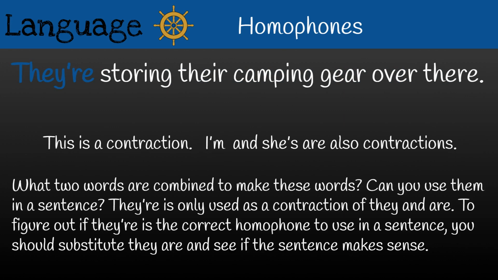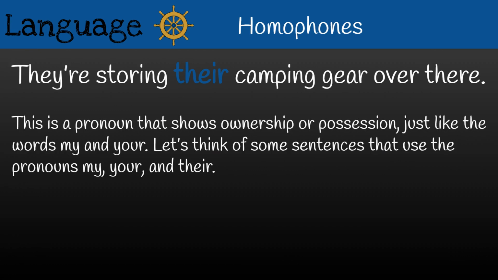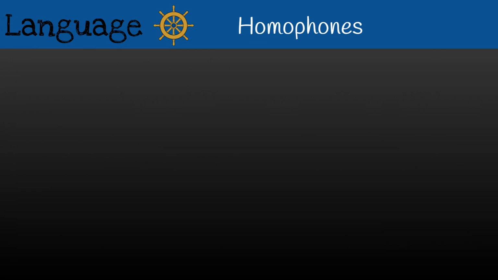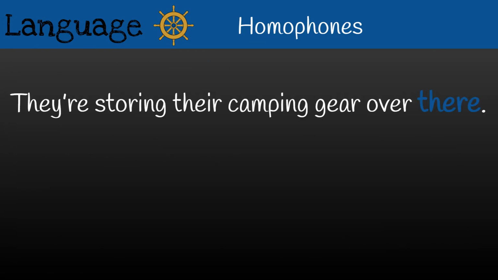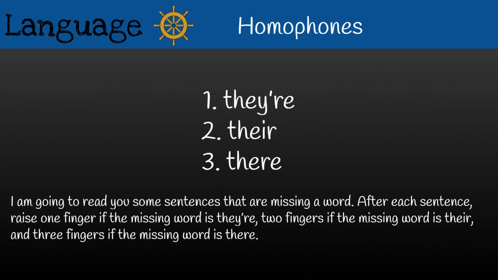So combining two words with a contraction. All right, the second homophone is their. This pronoun shows ownership or possession, just like the word my or your. And then the last one is there, which is used to designate that someone or something is in or at a certain place.